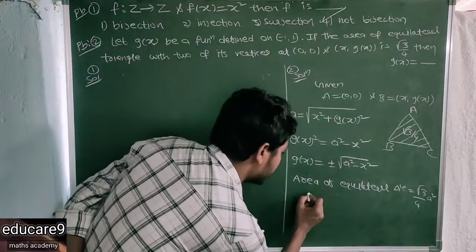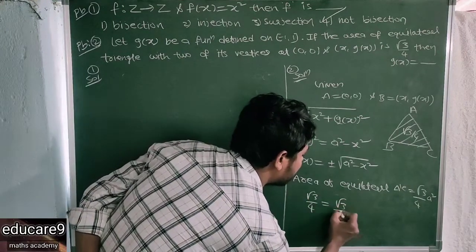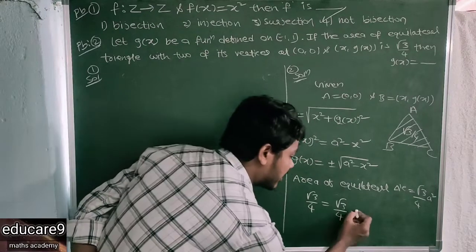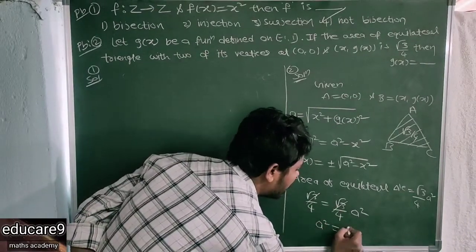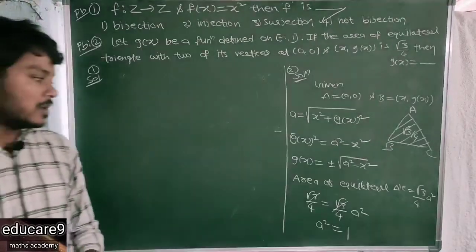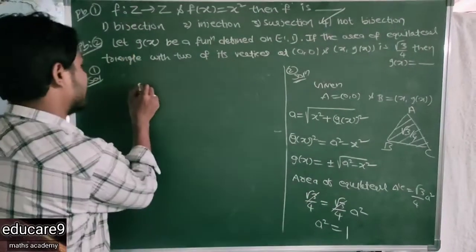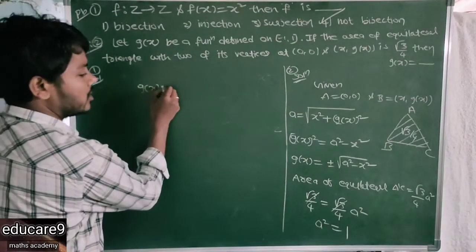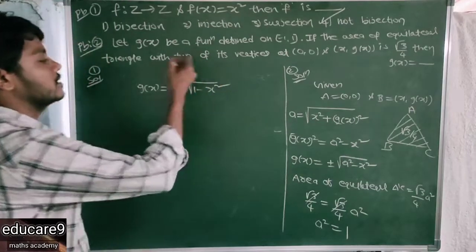So root 3 by 4 is equal to root 3 by 4 into a square. So a square is equal to how much? 1. Now substitute the a square value in this equation. So you get g of x is equal to plus or minus under root of 1 minus x square.